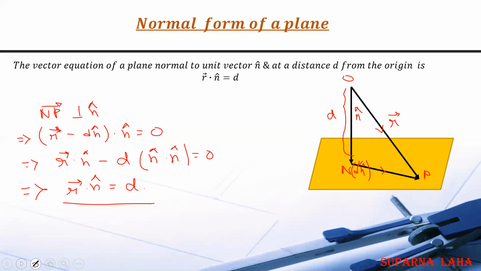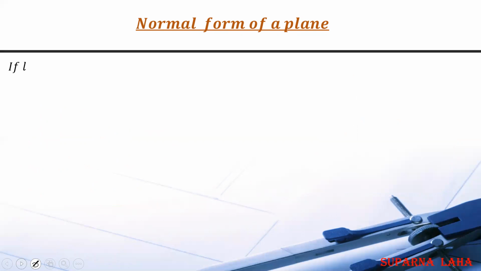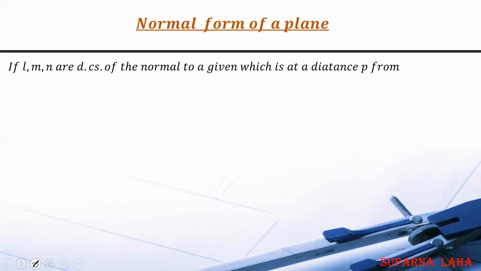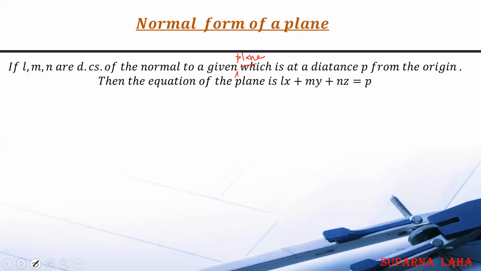Now if we move into the Cartesian form of the plane, so that will be the L, M, N should be the direction cosine of the normal to a given plane. Write down here plane which is at a distance p from the origin. So here we are taking the distance from the origin to the plane is p. Then the equation of the plane is given by Lx plus My plus Nz equals to p. Now what we have, the vector equation is r into n cap is equals to, since the distance is p, write down here p.